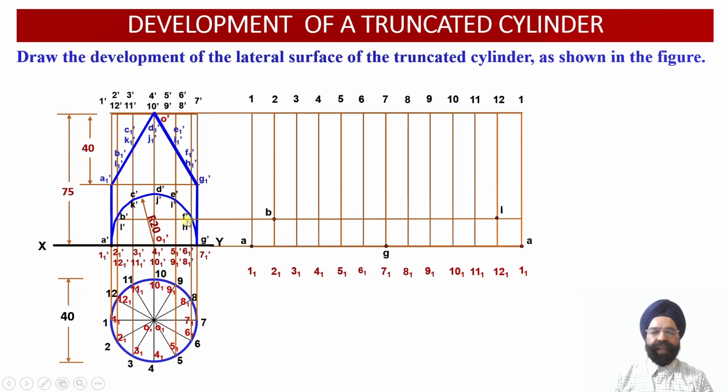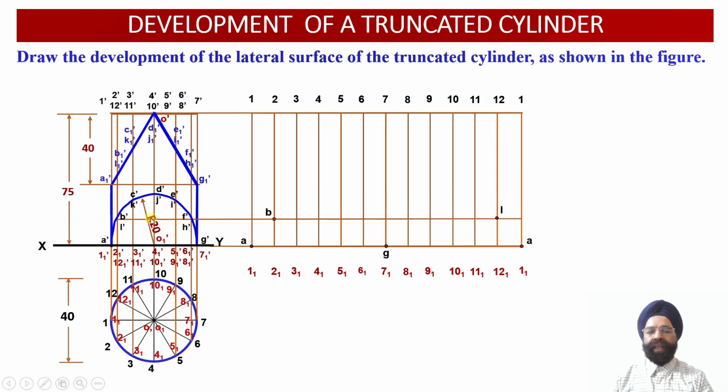Similarly, another couple of points of intersection, F dash and H dash, are going to lie on the vertical generators 6 dash, 6 1 dash and 8 dash, 8 1 dash over here. So point F dash will lie on 6 dash, 6 1 dash, and point H dash will lie on 8 dash, 8 1 dash.